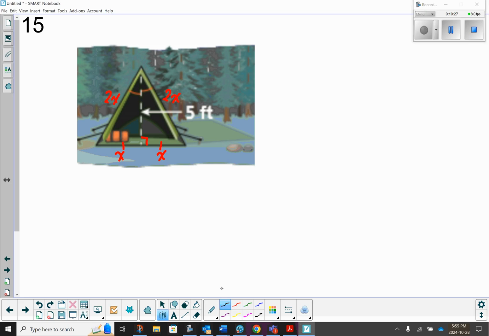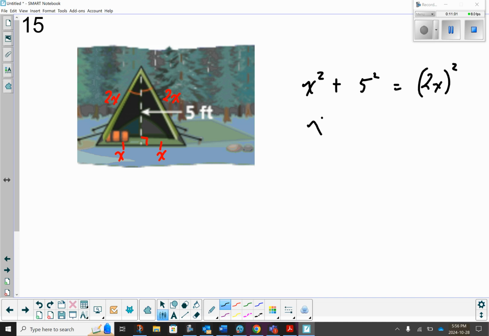We have a right triangle where one leg is x, another leg is 5, and the hypotenuse has to be separated from the rest of them. The hypotenuse is 2x. And if we use our Pythagorean theorem, the sum of the squares of the lengths of the legs is equal to the square of the length of the hypotenuse.